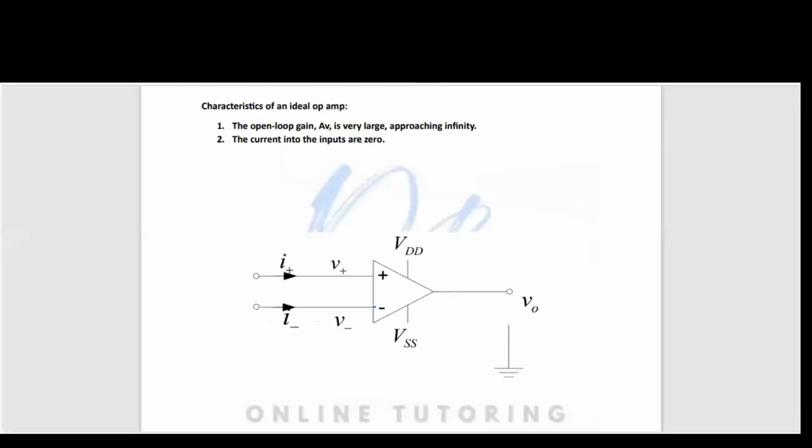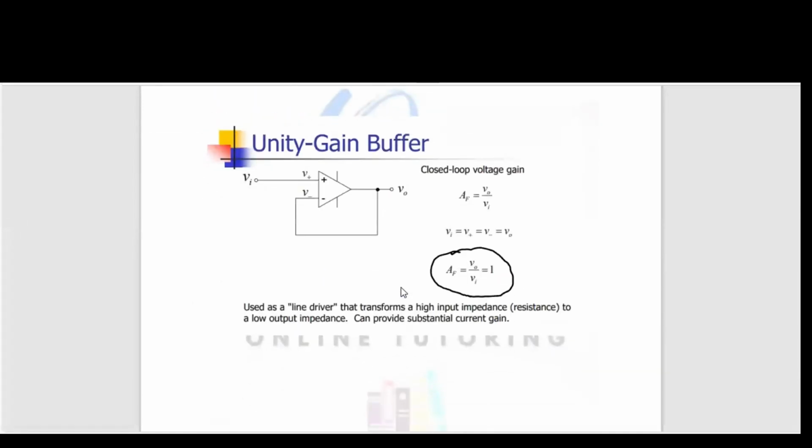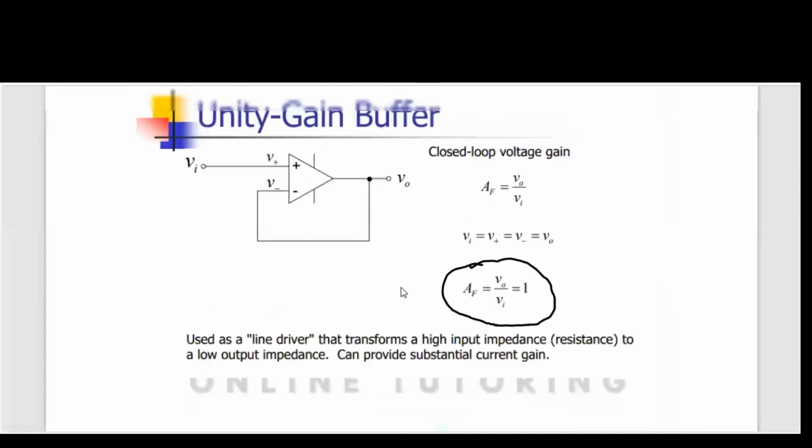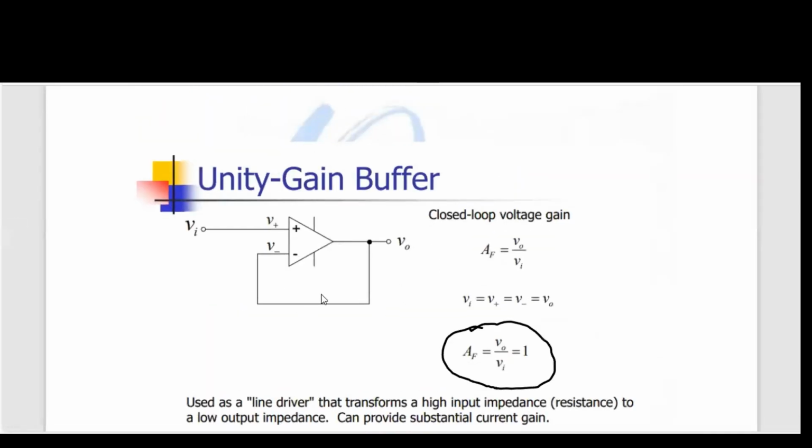Right, so let's go through this. The first type, which I think you all should probably know about, is the unity gain buffer. It doesn't have an RF, a feedback resistor; it's just a wire. It just takes in an input and gives you back the same input. So if VI is 2, it will give you back 2. If it's 3, it will give you back 3.